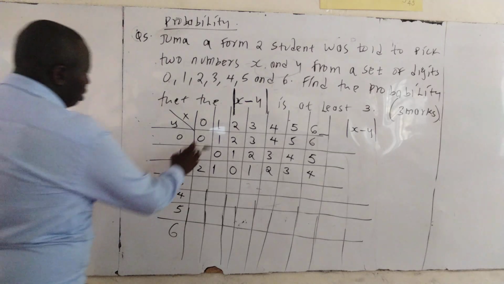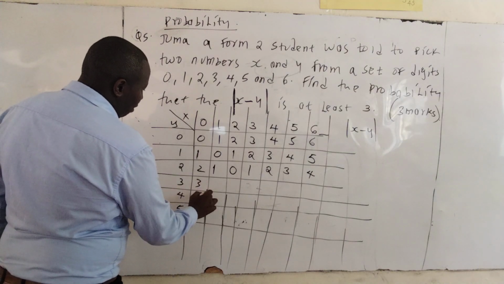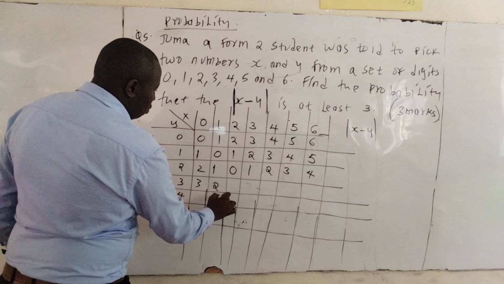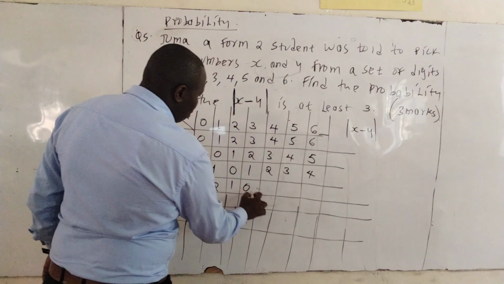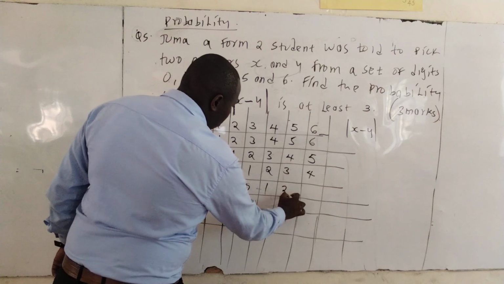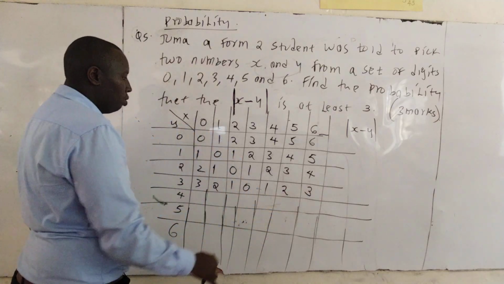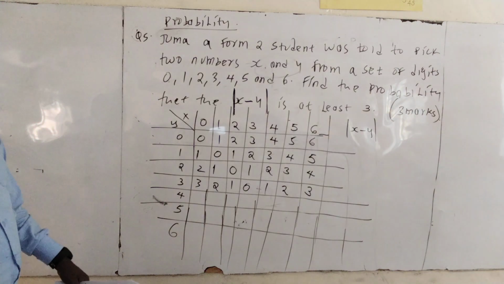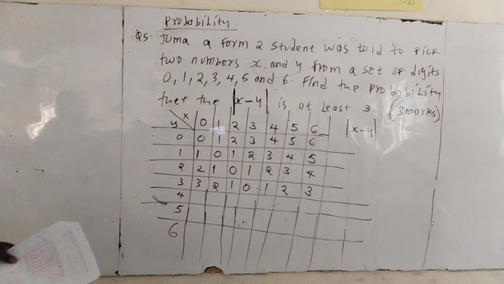So 0 minus 3, you write 3. 1 minus 3, that is 2. Then 1, 0, 1, 2, 3, like that. Because the last one, 6 minus 3, is 3. So you are taking only the absolute values, the positive values.